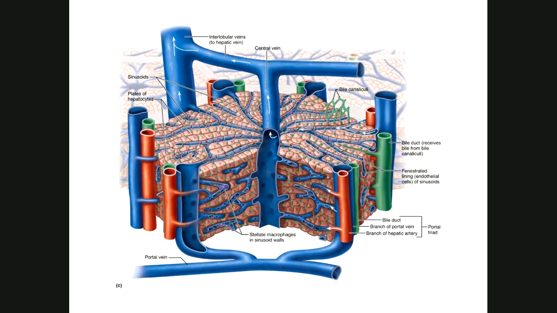Blood from both hepatic portal vein and hepatic artery flows from the triad region through the sinusoid and empties into the central vein.